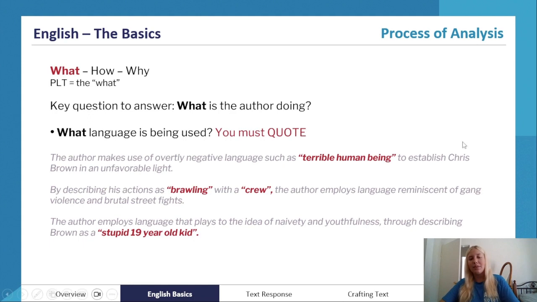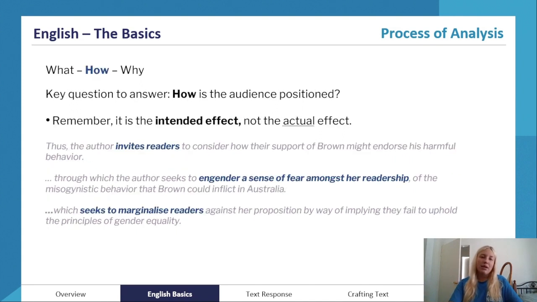So the technique that's been named is negative language, and the quote is terrible human being. Keep them nice and succinct and short. And it also explains that evidence by saying that it's being used to establish the celebrity in a bad light. A few more examples there.